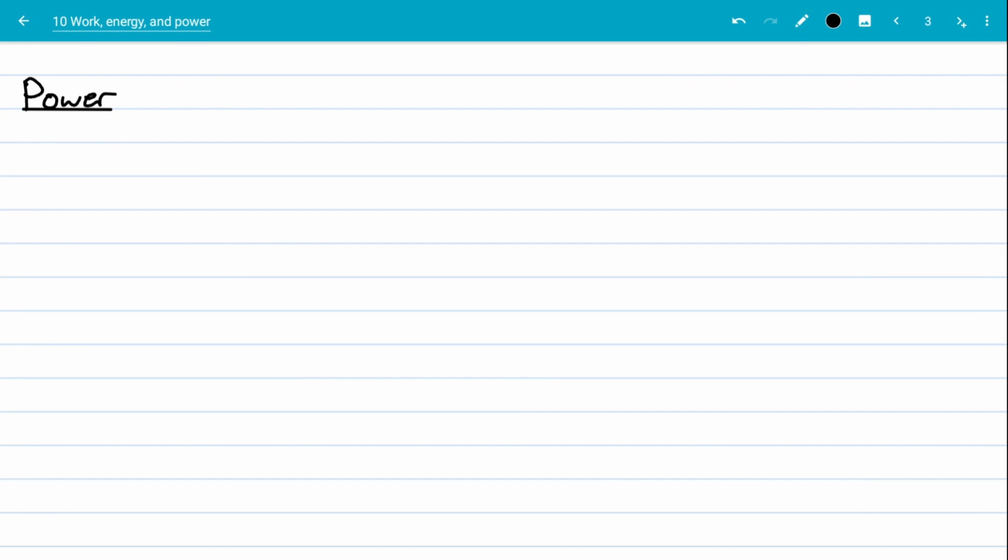Now in GCSE level, what did you learn? You learned that power was equal to the rate of doing work, which you wrote like this. Of course, that's not quite right.